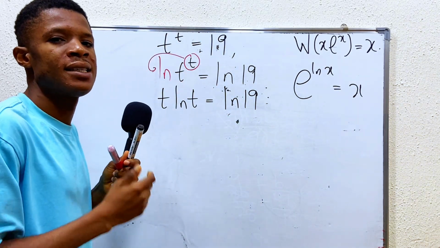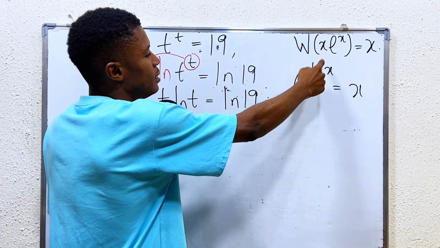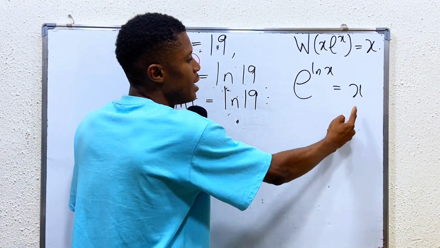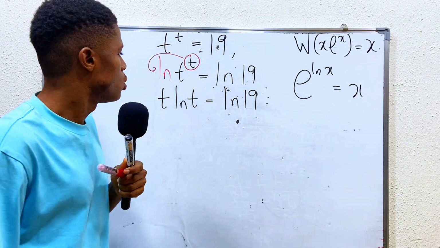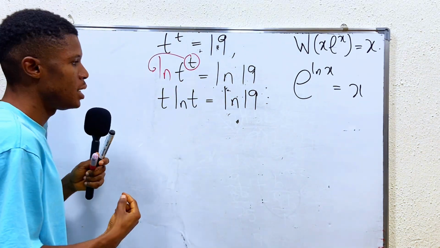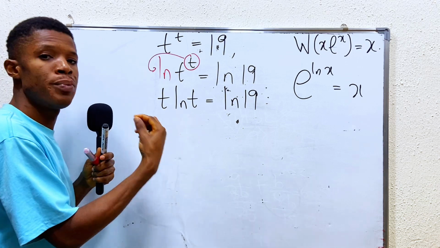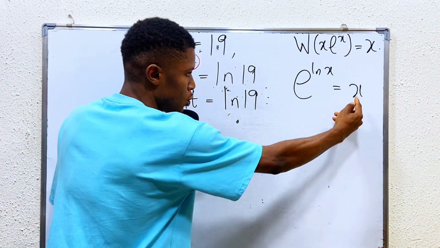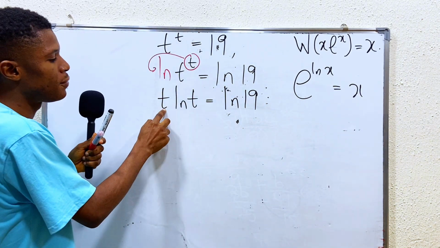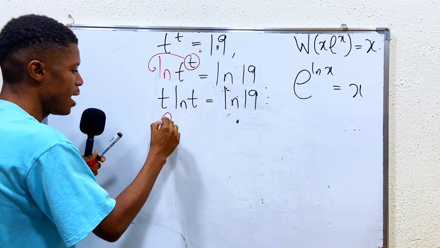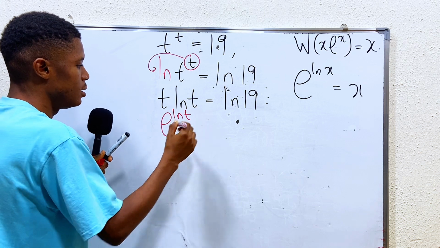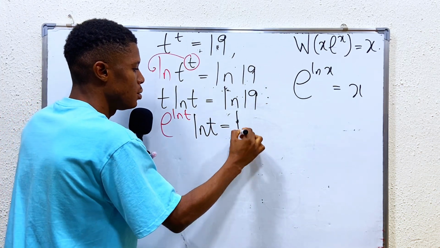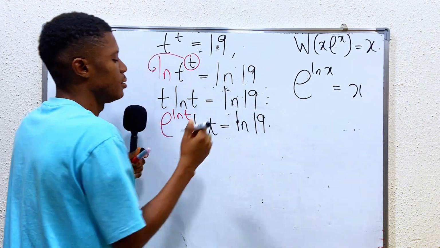The reason is that exponents and the natural log are inverse operations, so once the two cancel out, you are left with x. Applying this rule, you can rewrite t in the form of exponential of ln t, since the output should also give us t. So instead of writing t, I will now write exponential of ln t, and we are left with ln t is equal to ln 19.